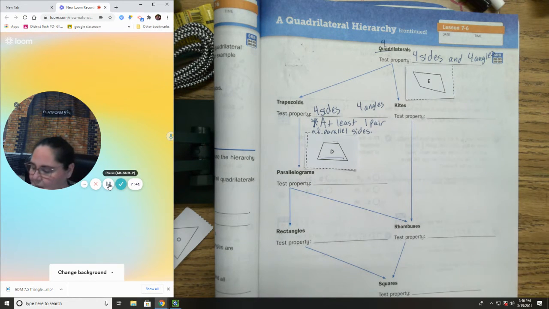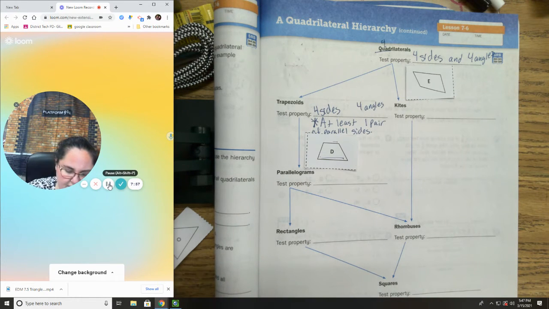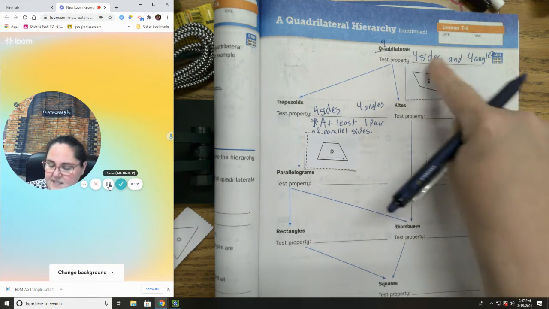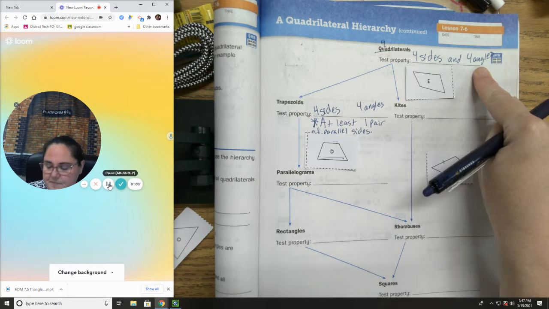All right, let's think about a kite. A kite. I know what a kite looks like. I fly one all the time. So a kite has to have this shape right here. 4 sides and 4 angles, just like up here.